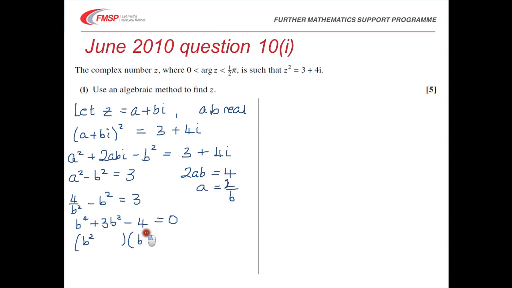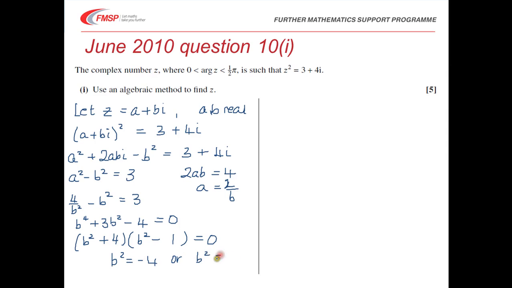We put a b squared in each bracket, a 4 in one, a 1 in the other, and it must be a plus 4 here and a minus 1 there, so we end up with our plus 3b squared.